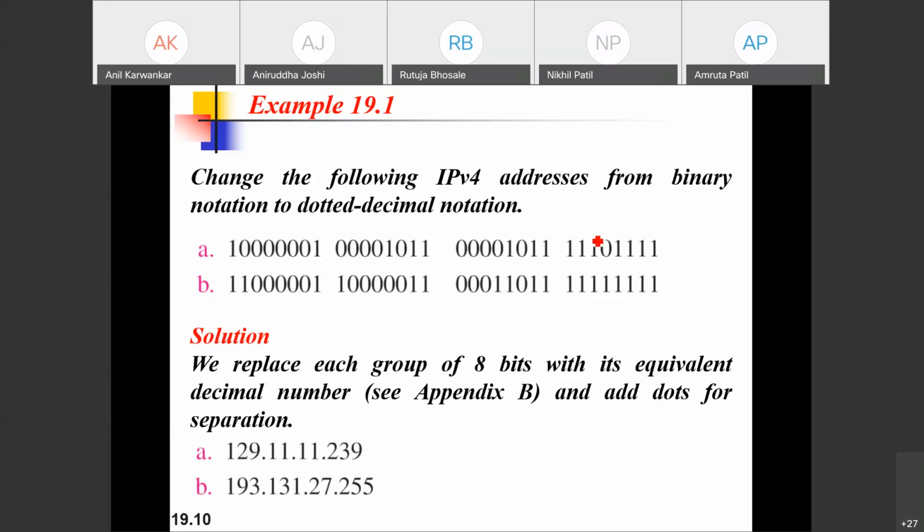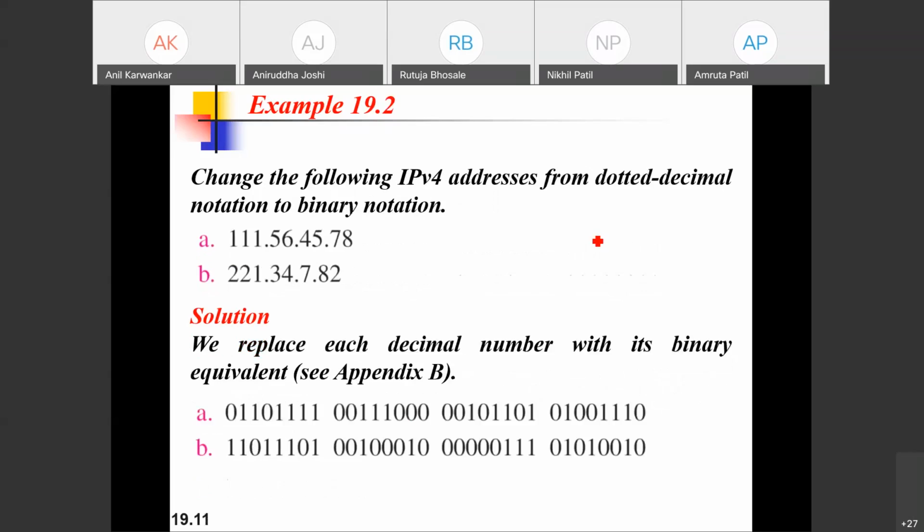Each group of 8 bits is converted to its equivalent decimal number, and we are adding a dot after the decimal conversion. It's quite simple, just a binary calculation and binary to dotted decimal representation of IP version 4.